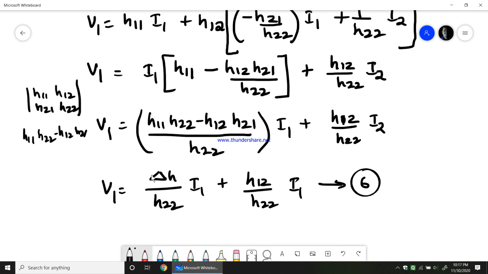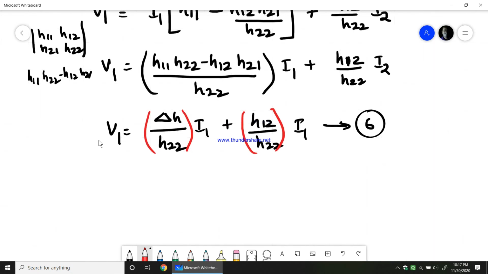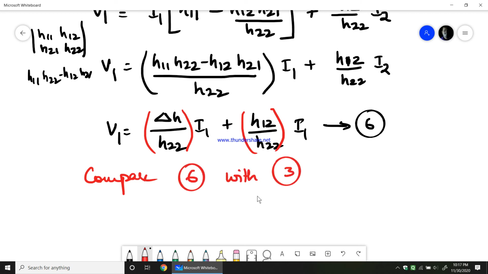Now I'll compare this sixth equation with the third equation.